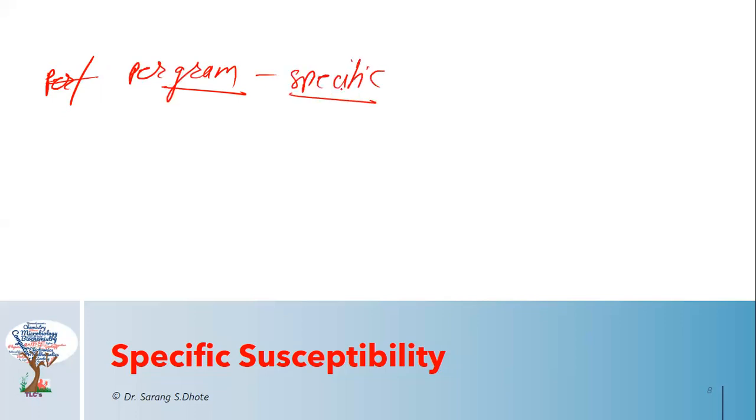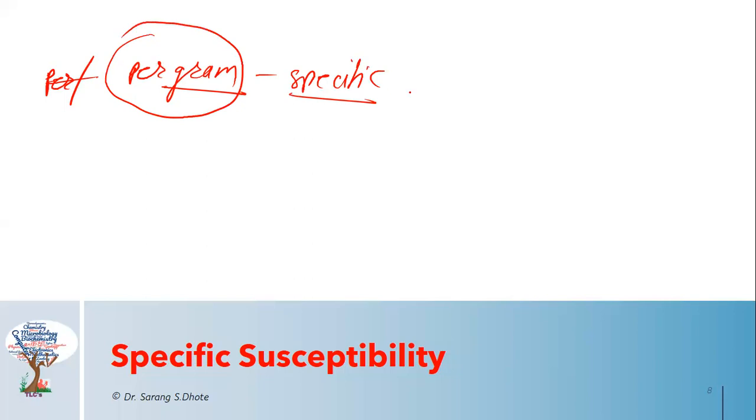Now, magnetic susceptibility is classified into two types: the specific susceptibility and the molar susceptibility. First one is the specific susceptibility. The magnetic susceptibility per gram of a substance is called the specific susceptibility. Here we have to specify the weight of the substance, that is, per gram.